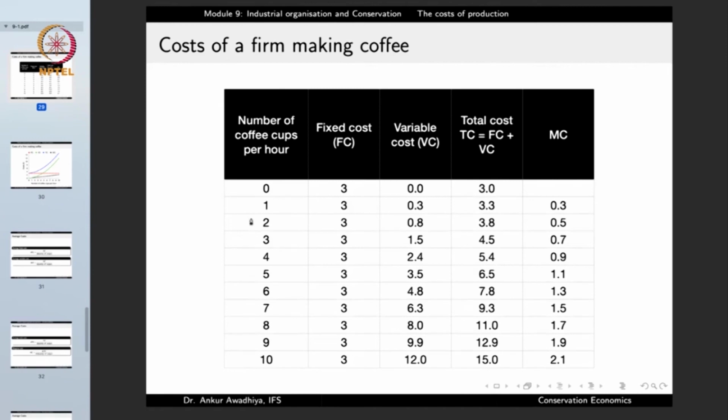But when it increases from 1 to 2, then the total cost increases from 3.3 to 3.8, which means a marginal cost of 0.5. When you subtract 3.3 from 3.8, you get 0.5. The cost of making an additional cup from 2 to 3 is 0.7. So here we are observing that the marginal cost is increasing.